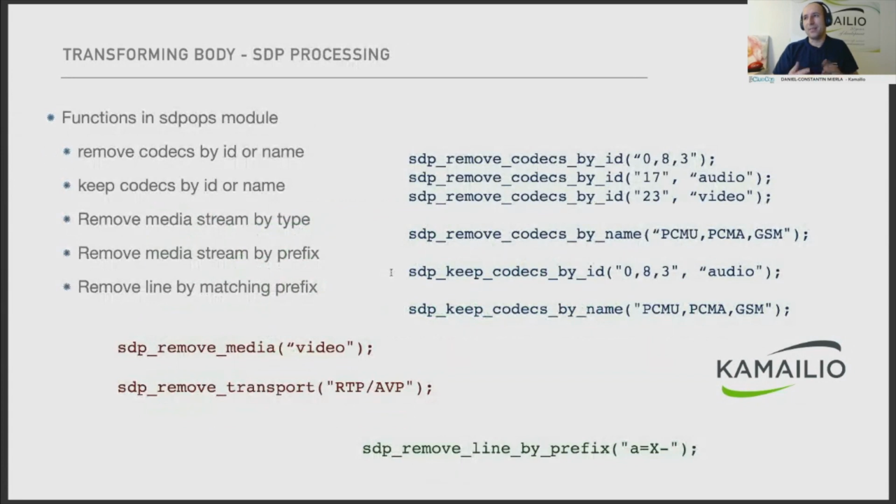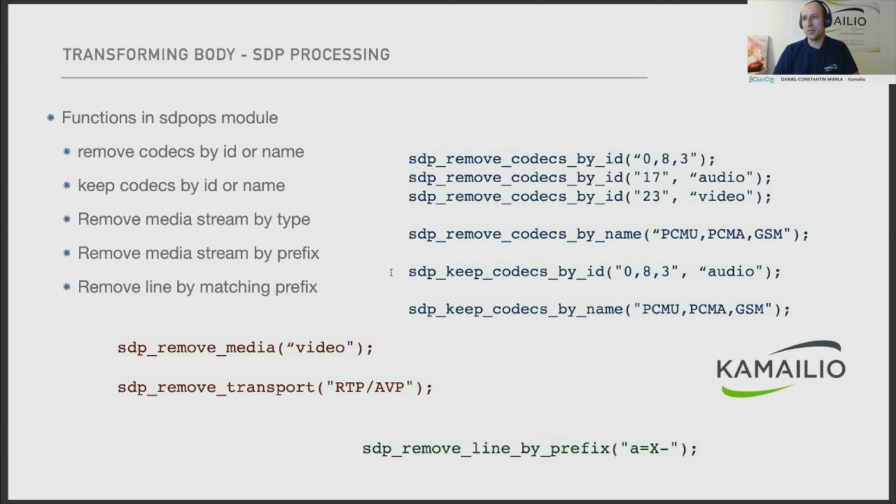Although for SDP, we also have a dedicated module, sdpops, which is more suitable for this kind of operation, like removing some attributes by ID or by name, or keeping only certain ones by ID or name, removing a media stream like video, or filtering by transport.